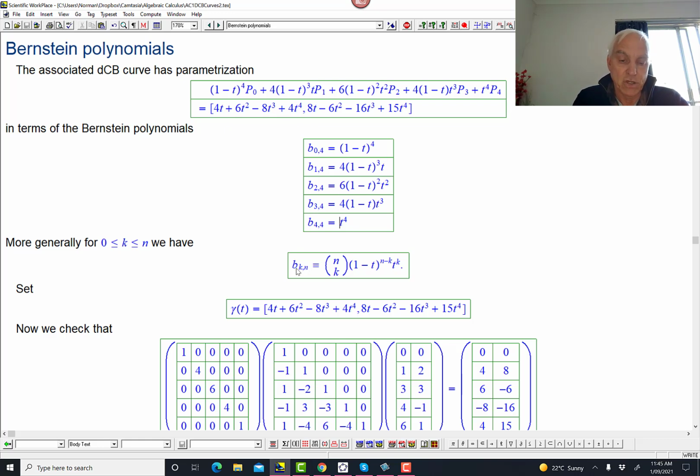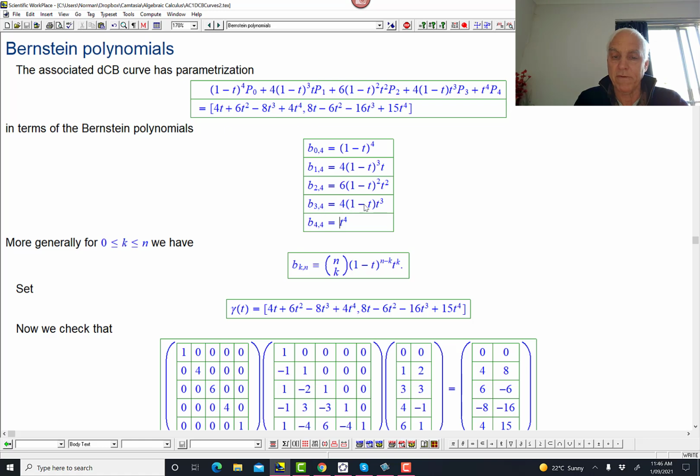In general, for a pair k and n, where k is between 0 and n, this Bernstein polynomial B sub k,n is the binomial coefficient n choose k, and then a power of 1 minus t to the n minus k, and a power of t to the k.